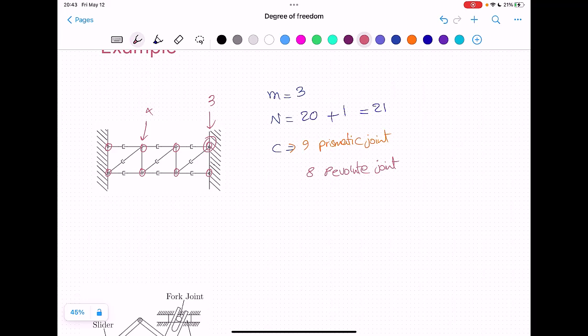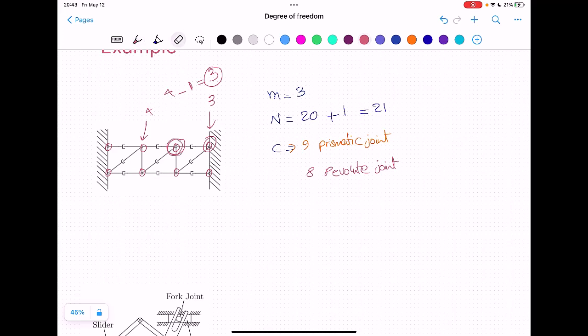Consequently, we need to evaluate our count. There is a useful formula to determine the number of required revolute joints: the number of links minus 1. For example, if here we have 4 links, 4 minus 1 gives us 3 revolute joints.